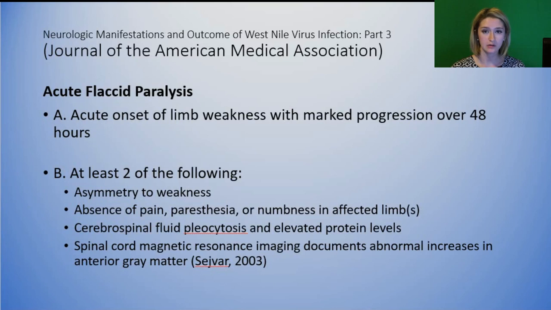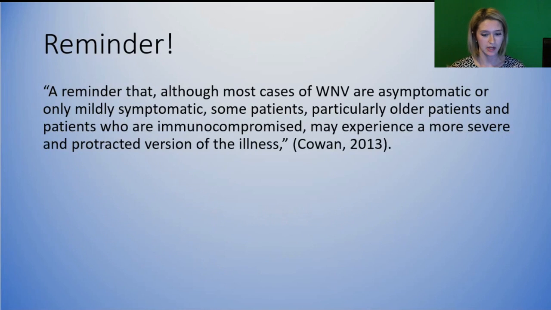At least 2 of the following will happen: asymmetric weakness, an absence of pain, paresthesia or numbness in affected limbs, elevated protein levels, cerebrospinal fluid pleocytosis, and spinal cord magnetic resonance imaging documenting increases in anterior gray matter.